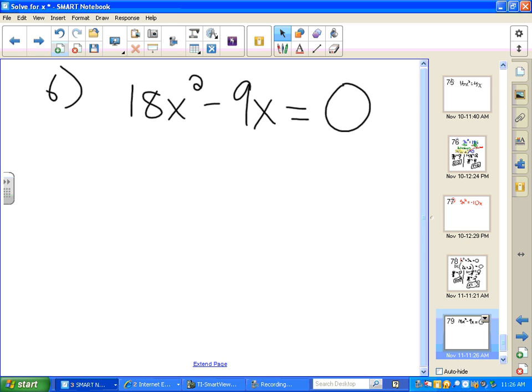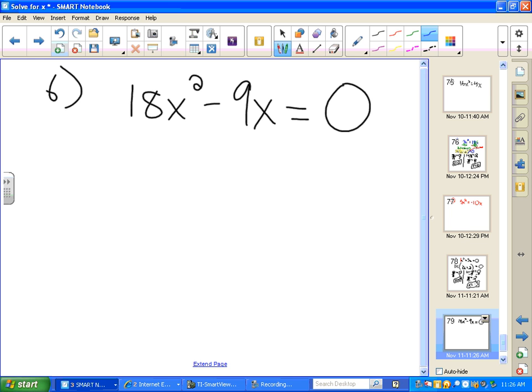Okay, so we go right to the step of what is the greatest common factor. Raise your hand once you know what the greatest common factor is. Molly, what do you think? Good, 9. And then how many x's can you take from each? Good.